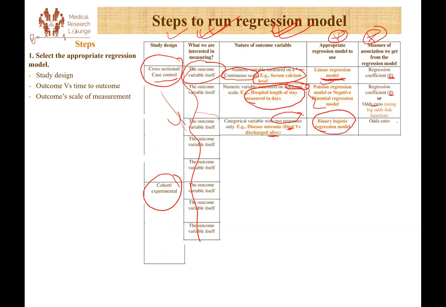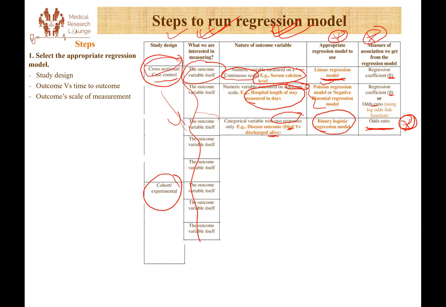And the measure of association that we get out of this regression model is odds ratio. Well, I'm going to put a star on this because this is almost 100% of the time the type of research that we do for our masters or other residency or specialty program fulfillment. We usually tend to pick binary outcomes, and we conduct cross-sectional studies. So I'm sure most of you are familiar with this one.